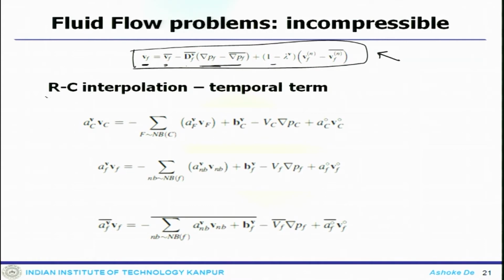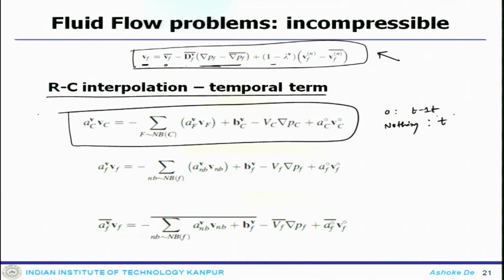Similarly, the same equations can get modified for the temporal discretization. Here the old superscript stands for t minus delta t, the previous time step, and the other stands for t, the present time step. So this is my momentum equation in its discretized form.